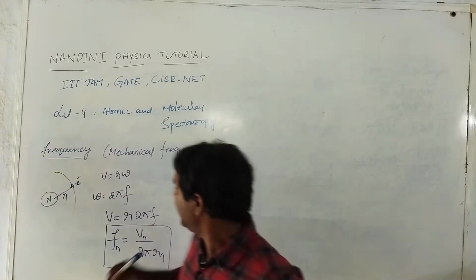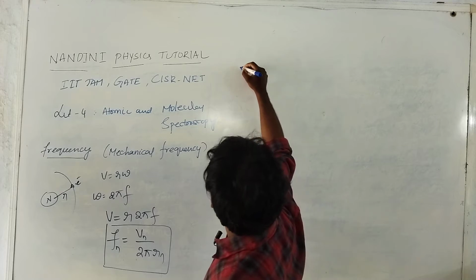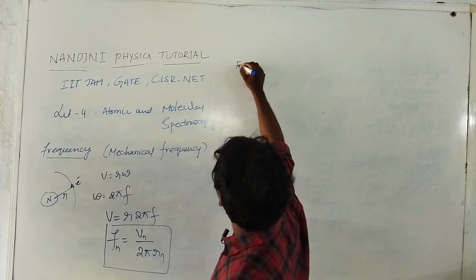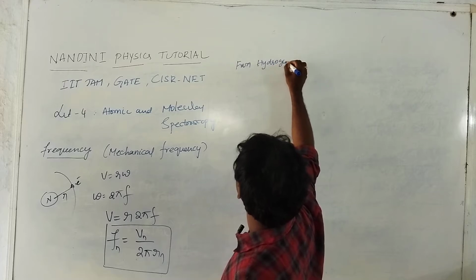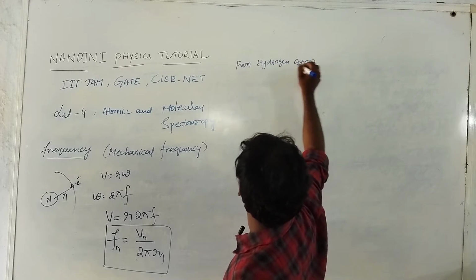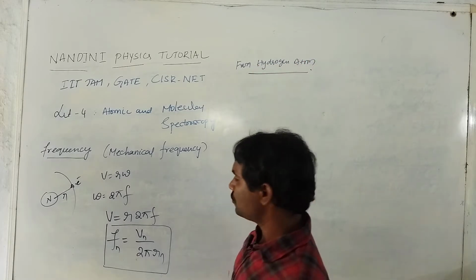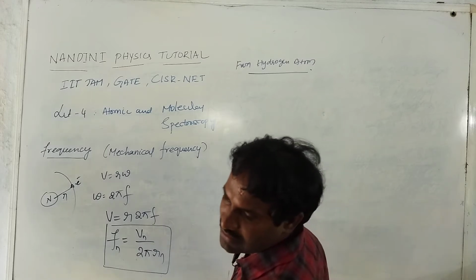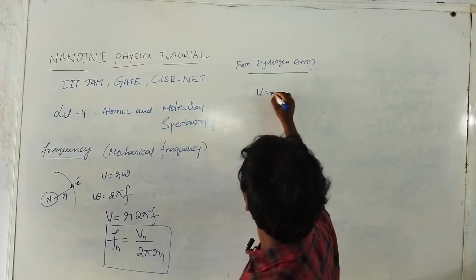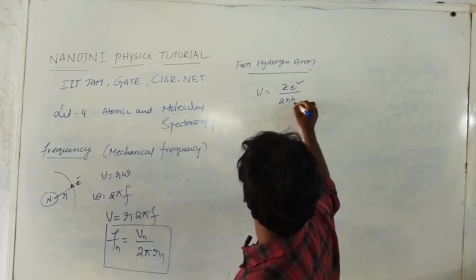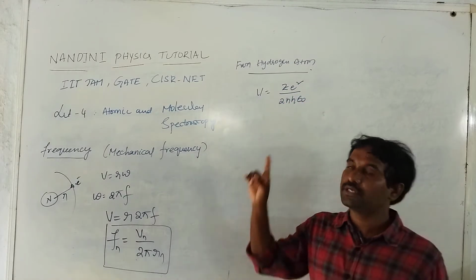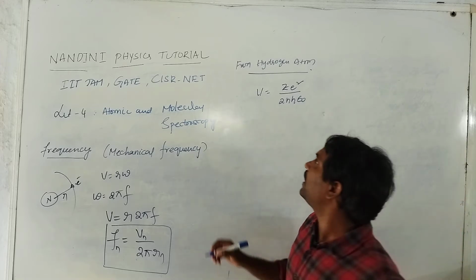So what is the velocity from the hydrogen atom? Velocity V is equal to Z e square by 2 n h epsilon naught. This is the velocity of the nth orbit electron.